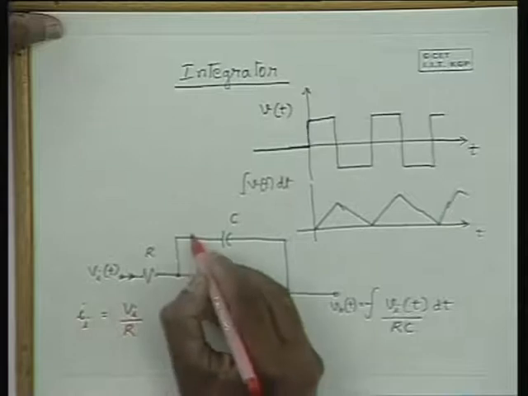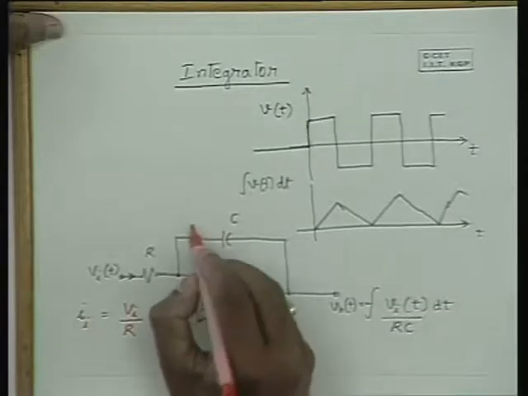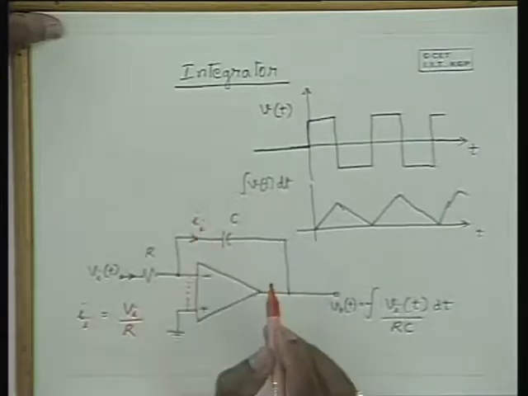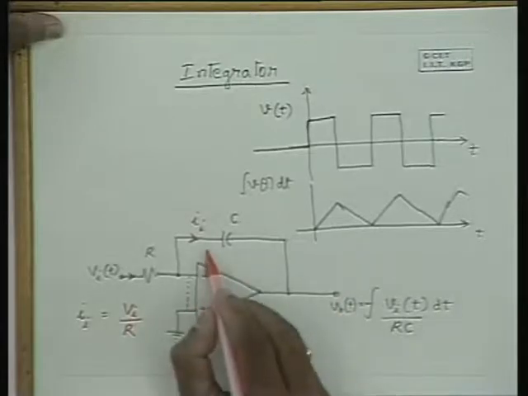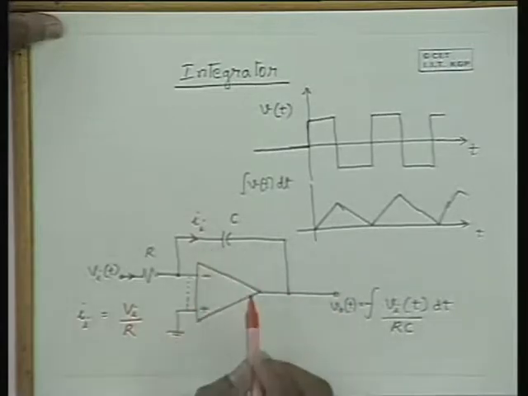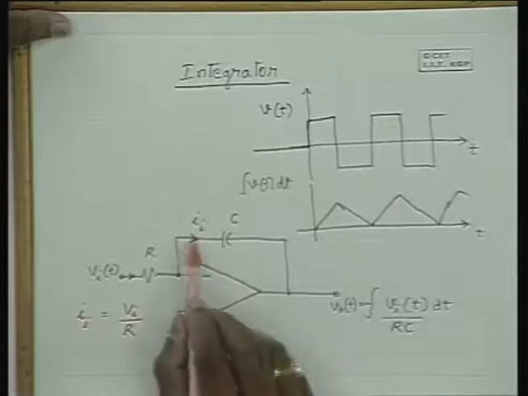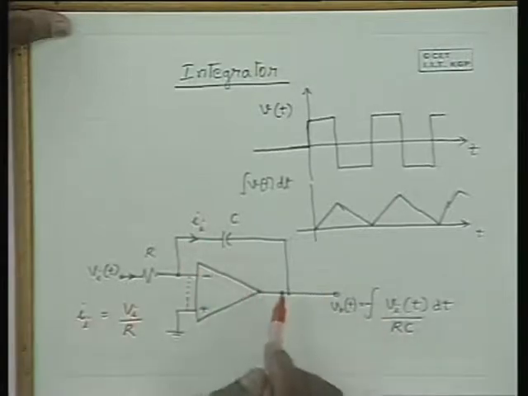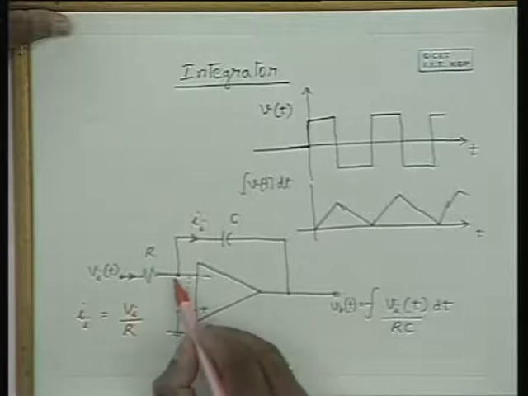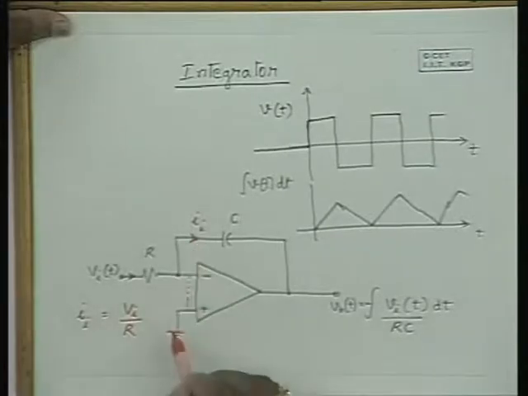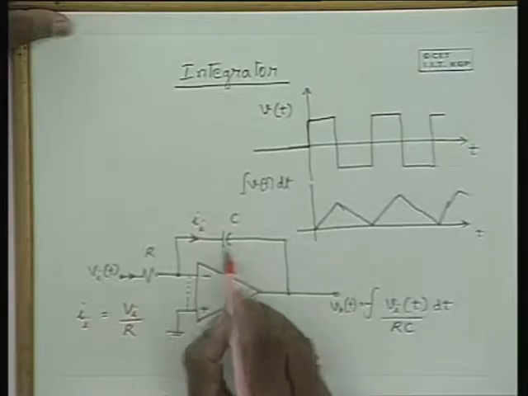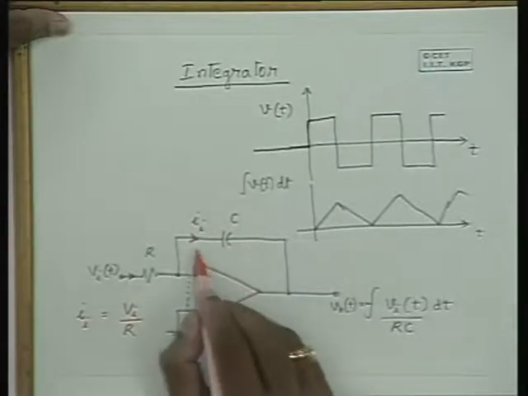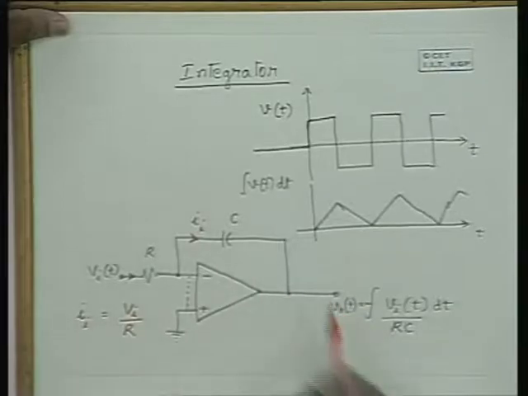Now the same current flows through the capacitance also, and since this side is ground, V0(t) is equal to the potential drop across C due to Ii itself with an opposite sign. Because this side is ground and current is flowing in this direction, there will be a voltage drop across this capacitance in this direction, and that voltage drop is equal to 0 minus V0.